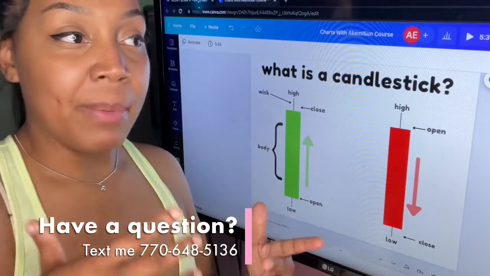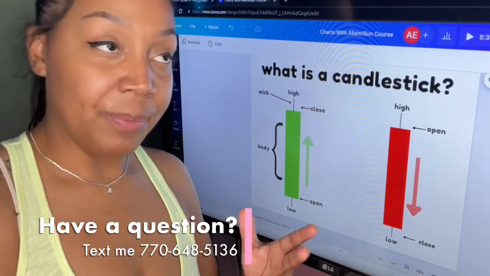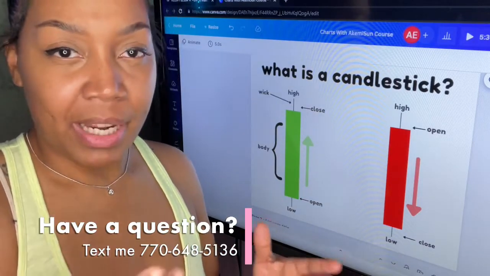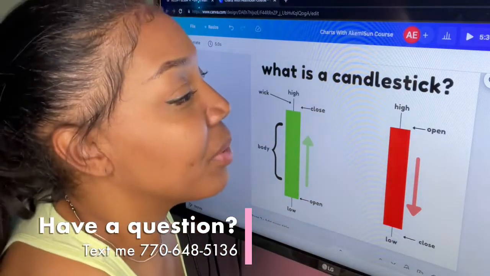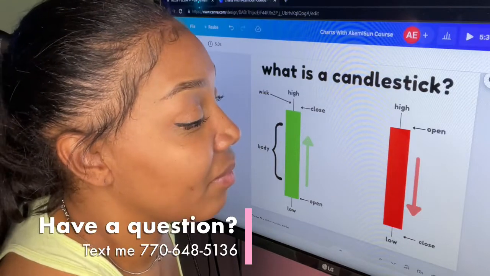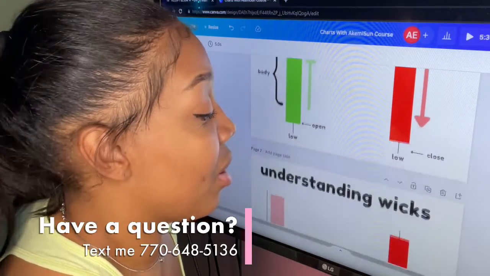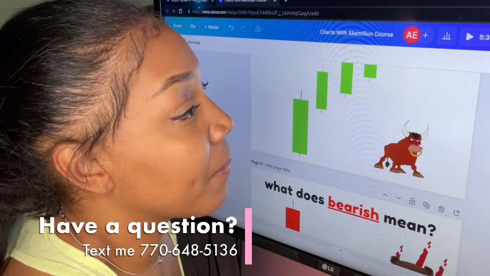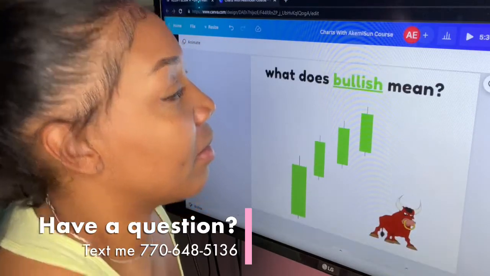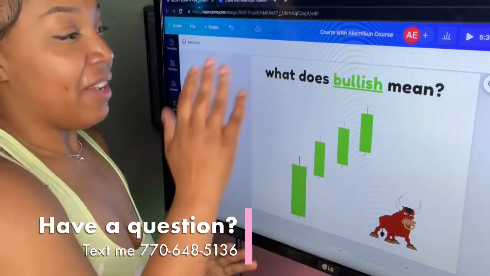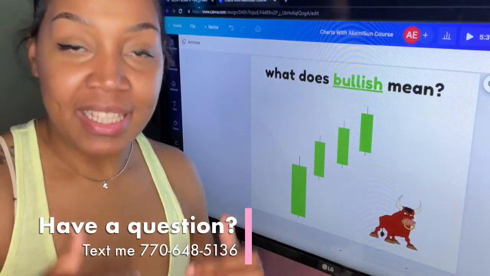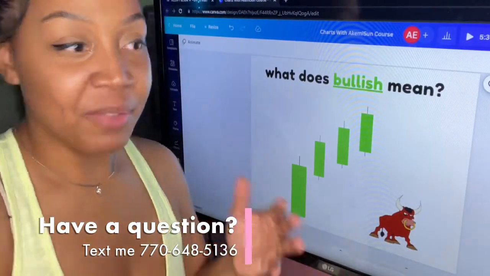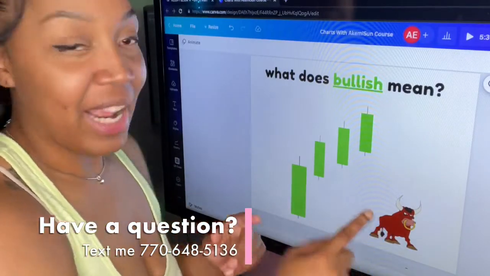I know it may be hard to remember the word bullish, so let me help you. If anybody ever says they think the market is bullish, I want you to remember a bull.